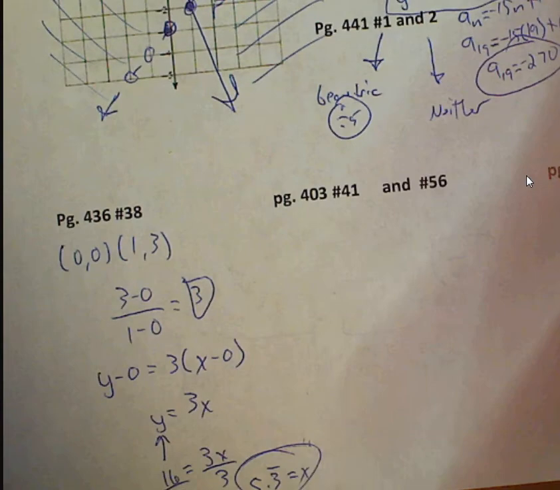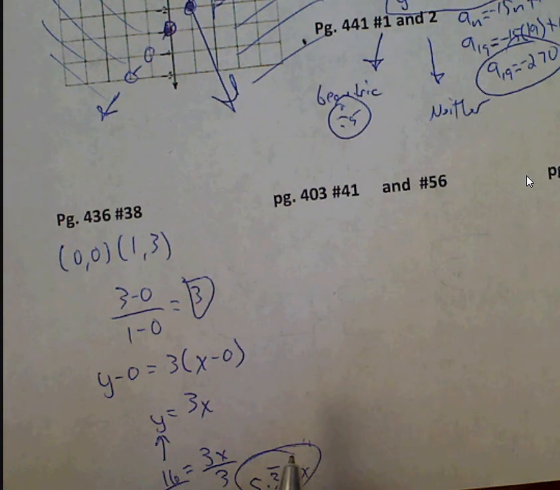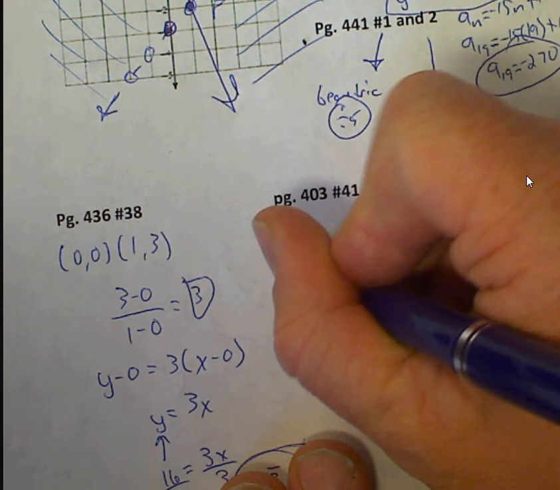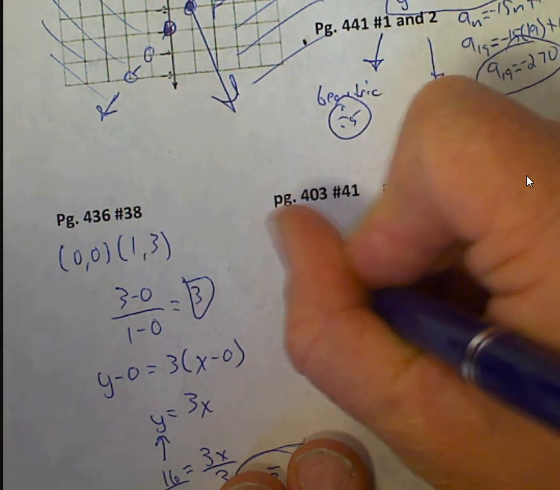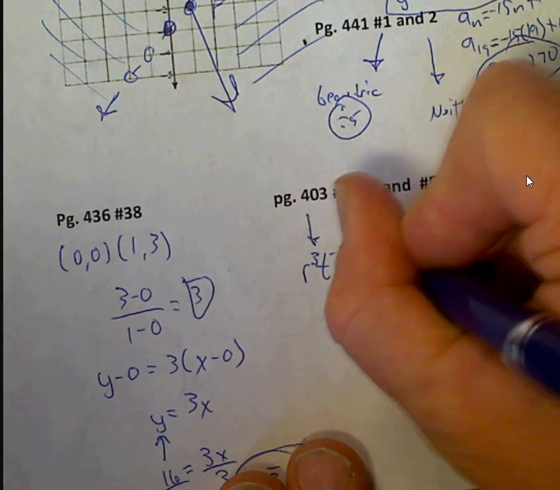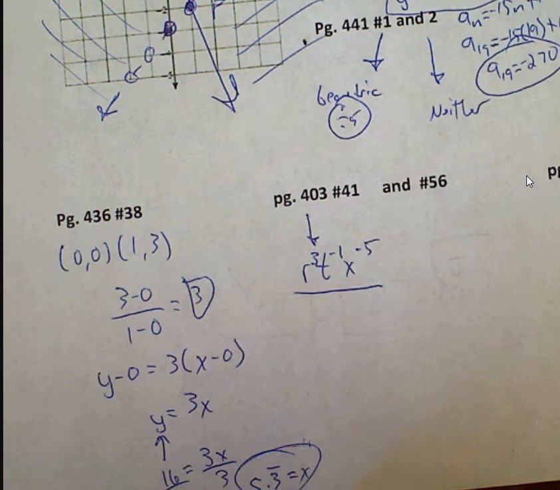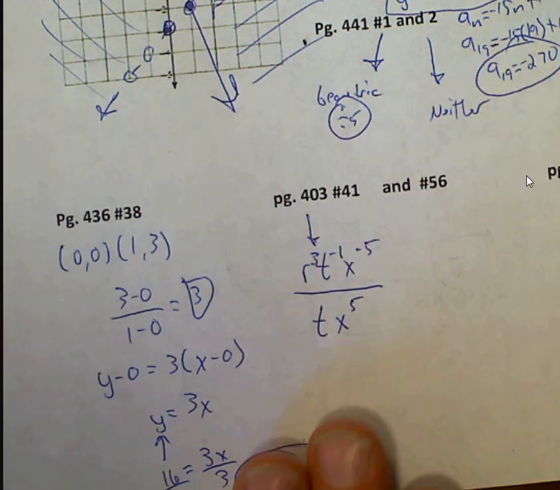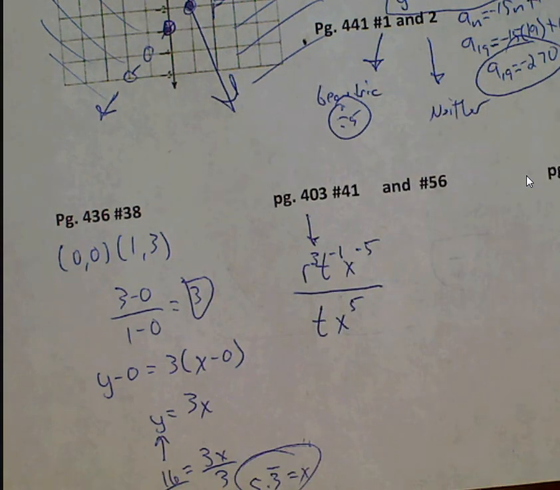Page 403, number 41. I am given r to the third, t to the negative 1, x to the negative 5, over t x to the fifth. So I need to simplify this.